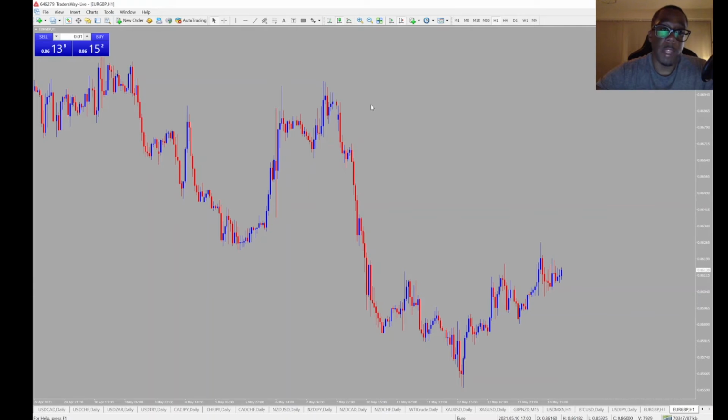So for instance, a trader could be trading the same Euro GBP, and he gains 10 pips for the day, and he trades at, say, £10 per pip, which will accumulate to £100.